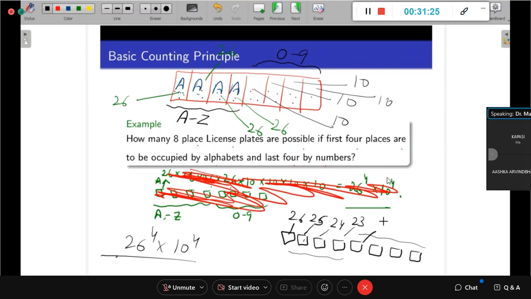Similarly, for the numbers it is 10, 9, 8 and 7 possible outcomes. So you can multiply all of them and you will get the final answer. So this is where repetition of letters and numbers is not permitted.